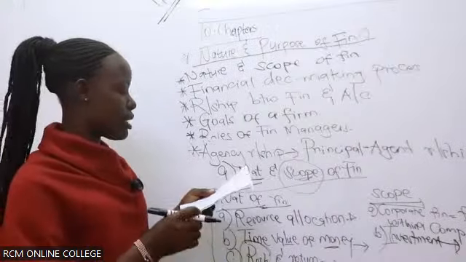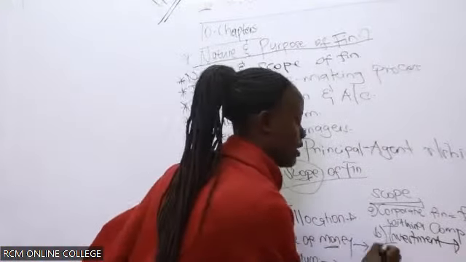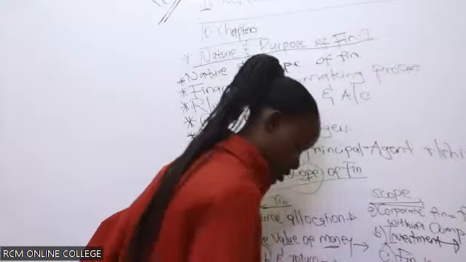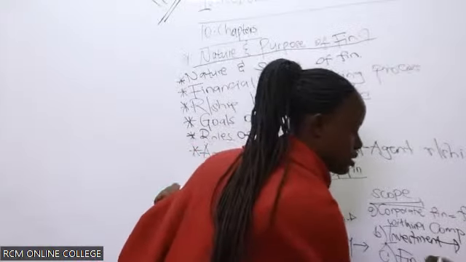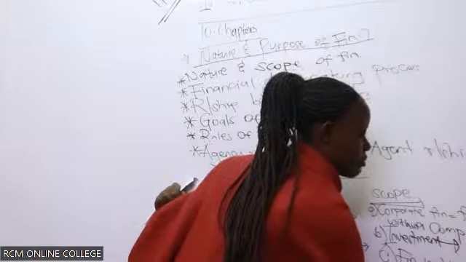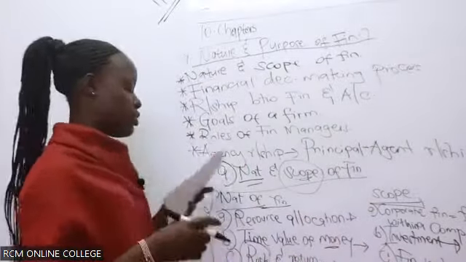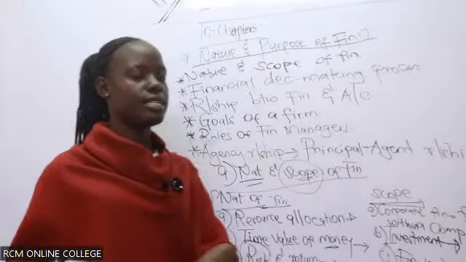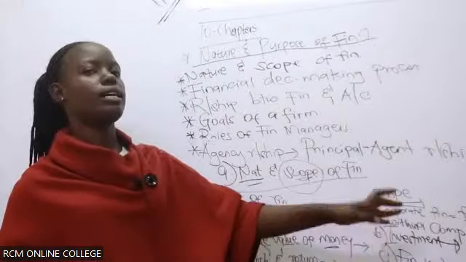Our third aspect, we can talk of financial institutions. Financial institutions, these are the financial intermediaries that affect financial decisions.